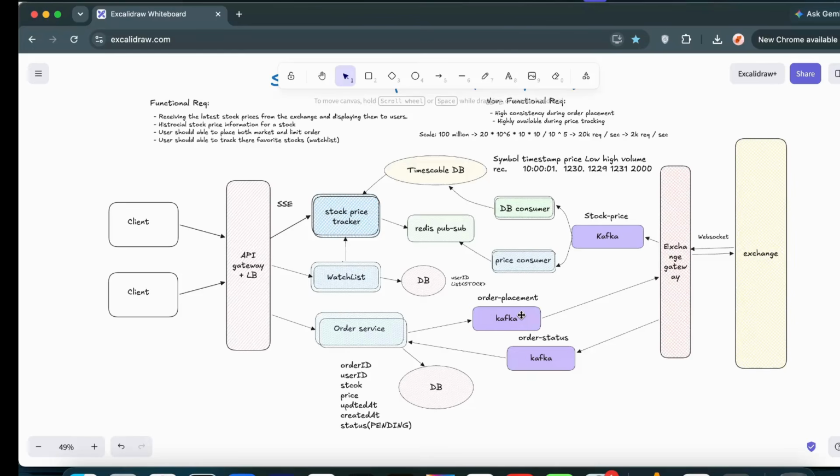Now Kafka basically helps us avoid burst volume that we would otherwise push directly into this exchange, and the exchange gateway pulls all those events and gives them to the exchange. Now at any point in time, let us suppose a particular order from the exchange side did not get processed in the given time frame. Okay, so it's the exchange gateway's job to see why it didn't receive the acknowledgement from the exchange for the orders it sent.